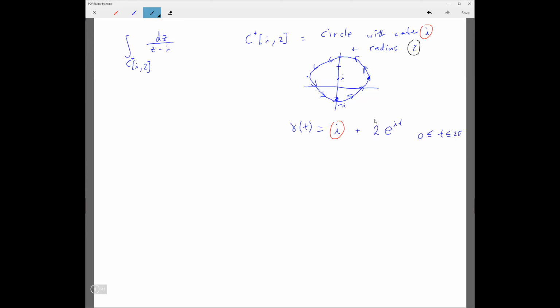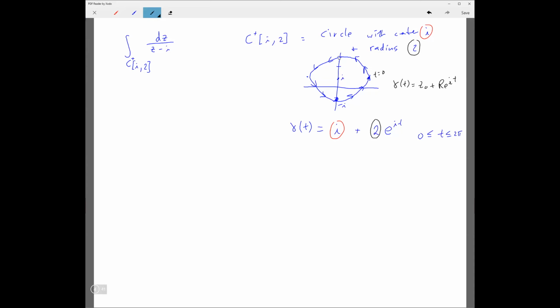Okay, it's this radius right there. So if you have a center, so in general, this looks like z0 plus r e to the it. And then this will give you the full circle because the angle 0 is right here.